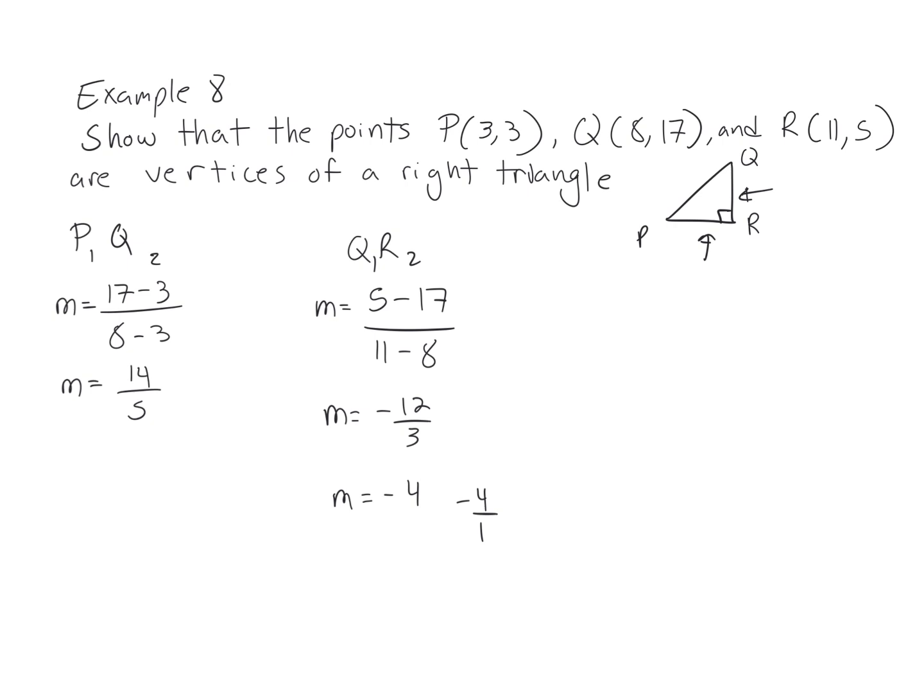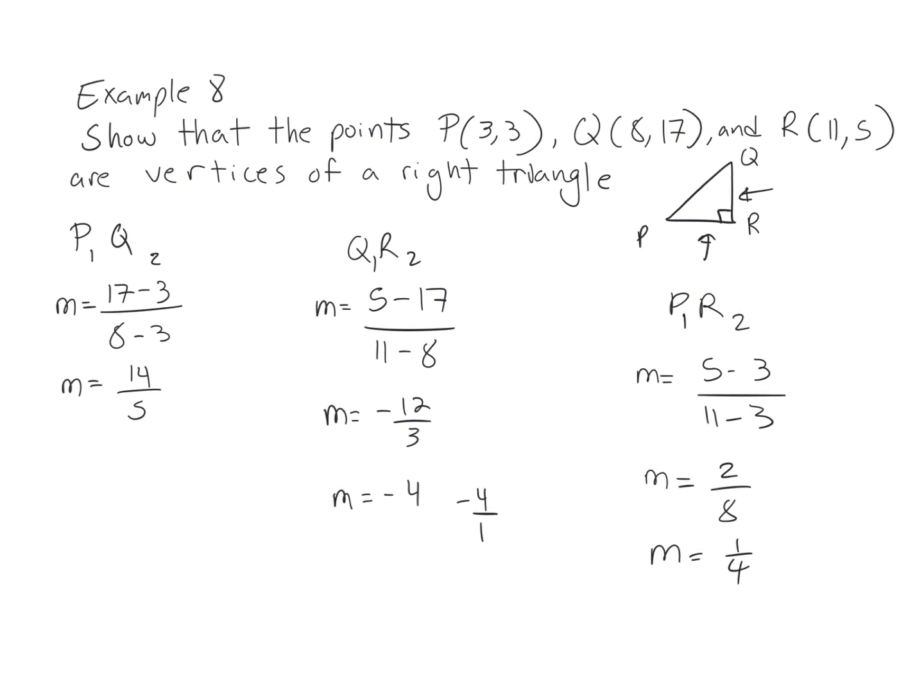And then I'm going to find the slope of PR, which is the line that I have left. I'm going to choose R to be my 2 and P to be my 1. So it's going to be 5 minus 3 over 11 minus 3. So I'm going to get 2 over 8, which is going to simplify to 1 over 4.